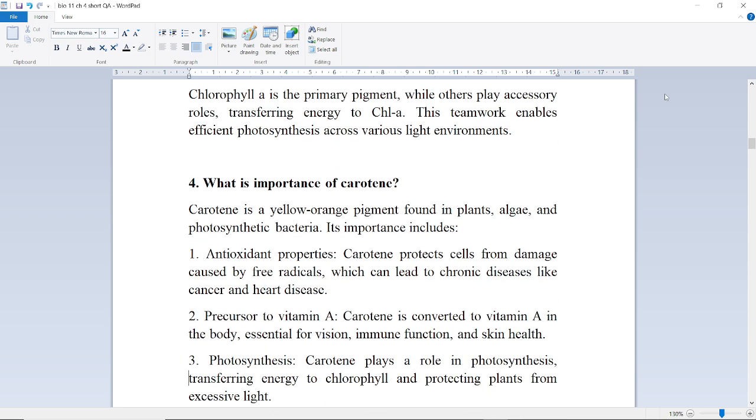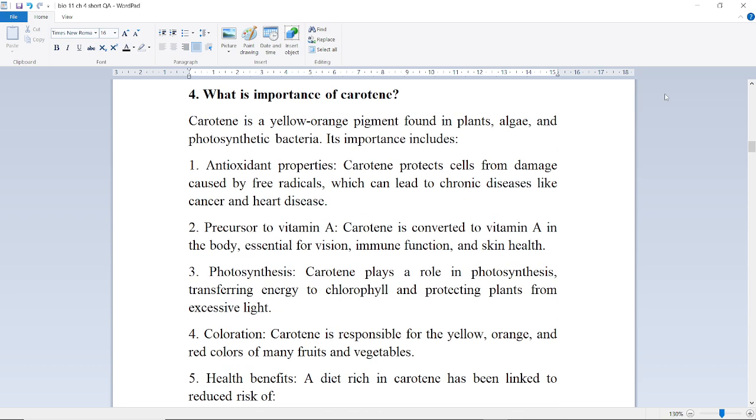Next is, what is importance of carotene? Carotene is a yellow-orange pigment found in plants, algae, and photosynthetic bacteria. Its importance includes antioxidant properties. Carotene protects cells from damage caused by free radicals, which can lead to chronic diseases like cancer and heart disease.